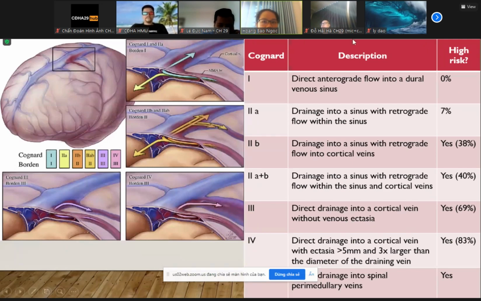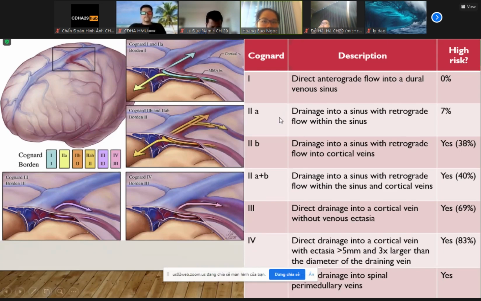This is the description of the Cognard classification and the equivalent type of Borden. It is divided into 5 types. Cognard 1 has a direct antegrade flow into the dural venous sinus, and usually it is a benign lesion with 0% suffering from aggressive symptoms.